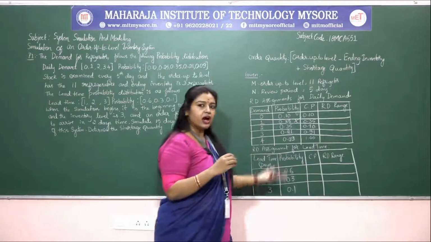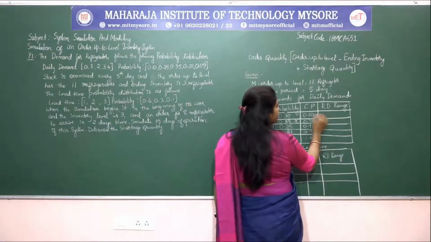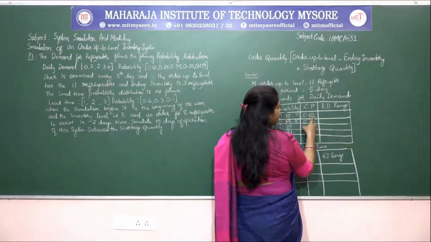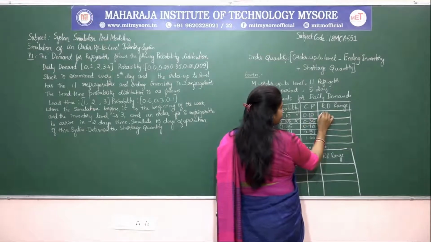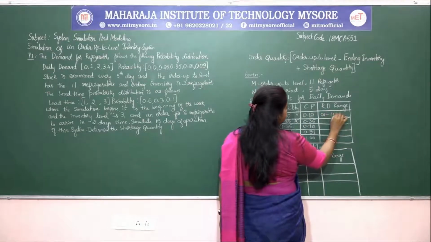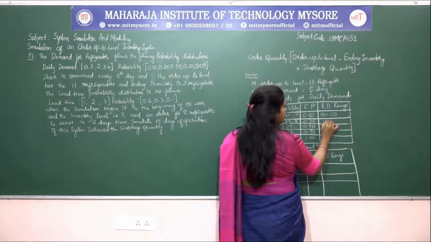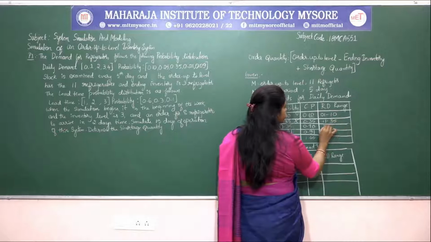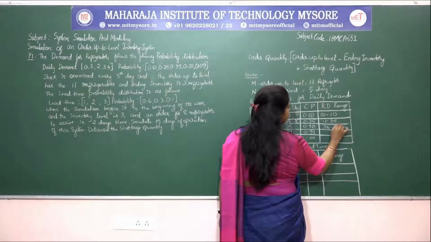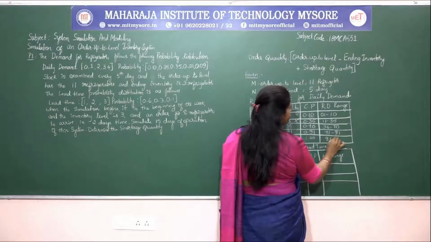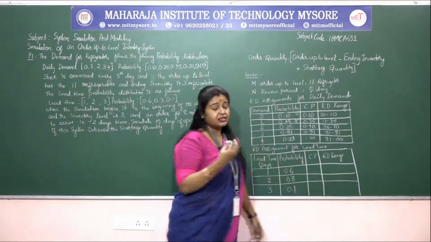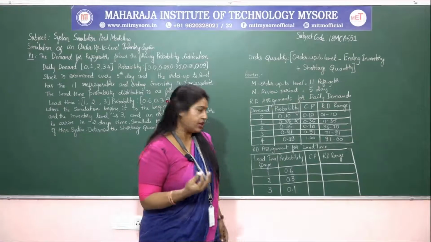And therefore, what is the RD range? For the last digit of 10, the range is 01 to 10. The range of the second demand is 11 to 35, next is 36 to 70, next 71 to 91, and 91 to 00. That is nothing but 91 to 99 we can say.